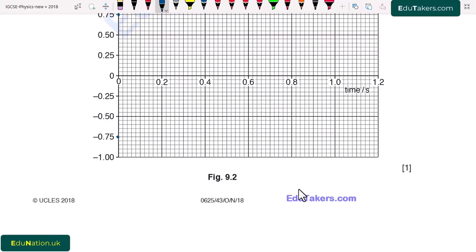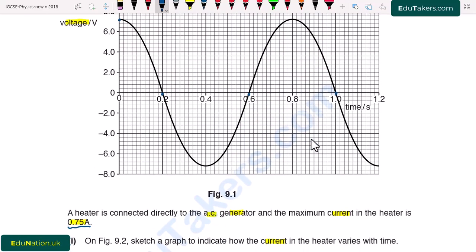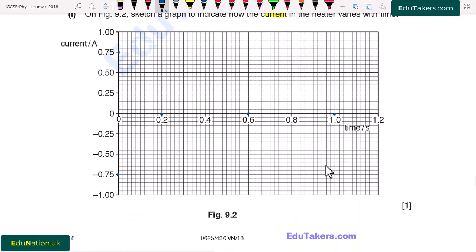At 0.20 it is mean position, again at 0.6 and 1.0. And we can also see that in the start the voltage is at positive peak. It means that in the start the current should be plus 0.75 and here current should be minus 0.75.